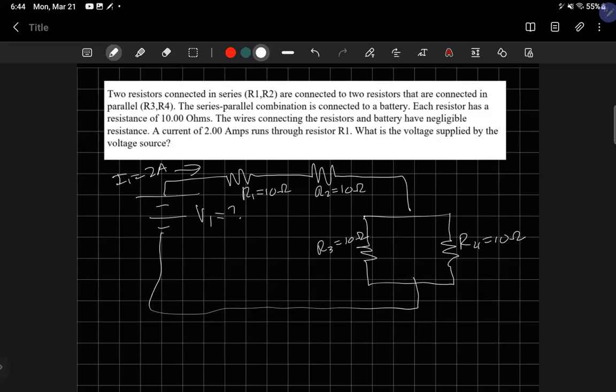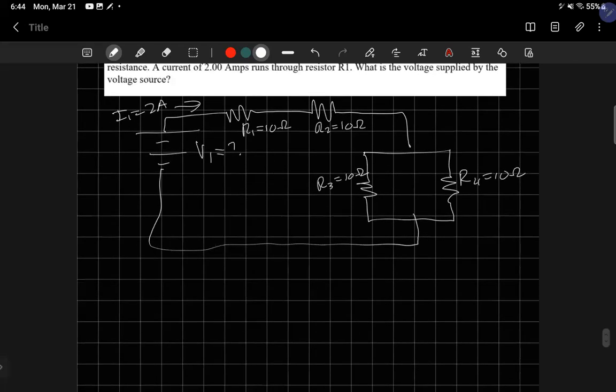And I want to know what is the voltage of the battery? So we have 2 resistors in series, and then in series to that, 2 resistors that are in parallel.